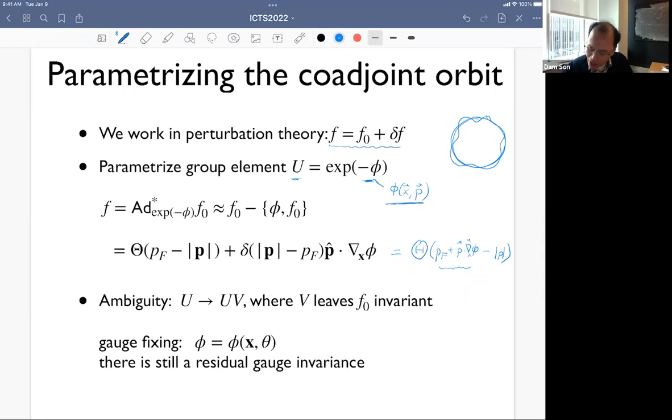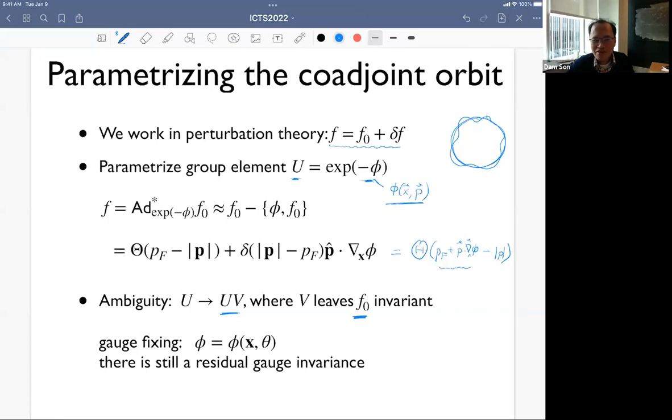We also mentioned that there is an ambiguity in parameterizing a point of the Fermi surface as a group element. Two group elements might correspond to the same point of the Fermi surface: two group elements that differ from each other by multiplication on the right by an element of the subgroup that leaves F0 invariant.